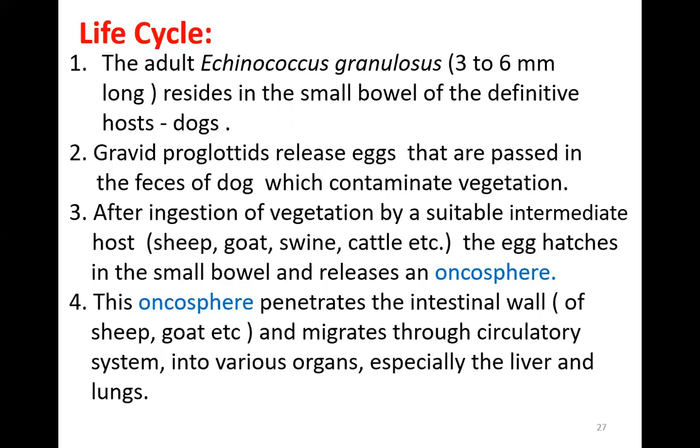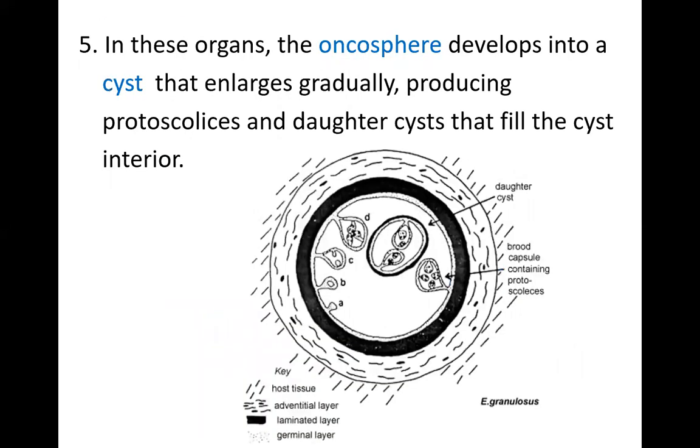This oncosphere penetrates the intestine of sheep, goat, etc., and migrates through the circulatory system into various organs in these animals, especially the liver and lungs. In these organs, the oncosphere develops into a cyst that enlarges gradually, producing protoscolices and daughter cysts that fill the interior.